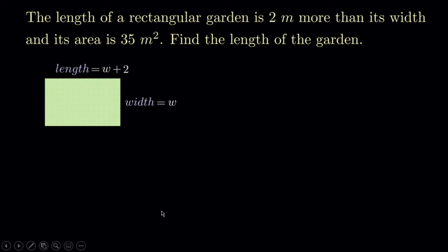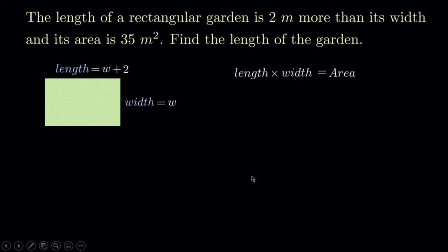Okay? Now, we set up an equation. So, gagamitin natin yung sinabi dito na yung area daw ng rectangular garden ay 35 square meters. Okay? Ngayon, paano ba makuha ang area ng rectangle? We have the length times the width. That is equal to the area. Next step, papalitan natin yung length and width nung ating variable representation.